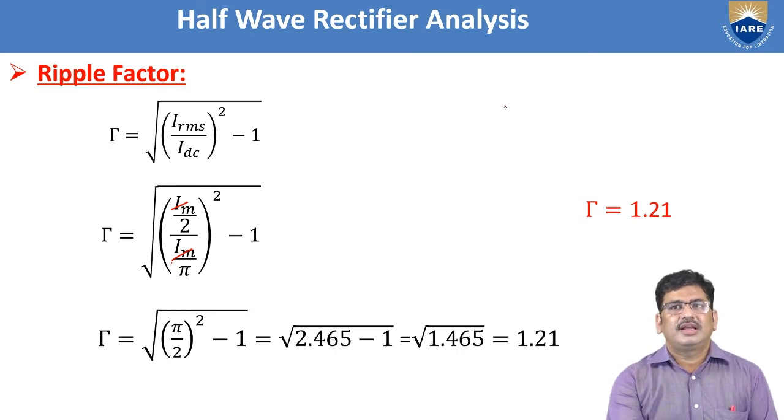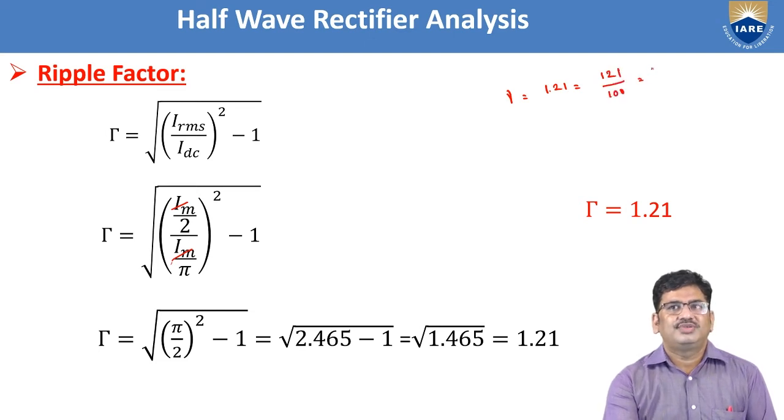What the ripple factor conveys is this: the ripple factor of 1.21 we can write as 121 divided by 100. What is the expression for ripple factor? It is IAC divided by IDC, or we can also express it as Irrms divided by IDC.